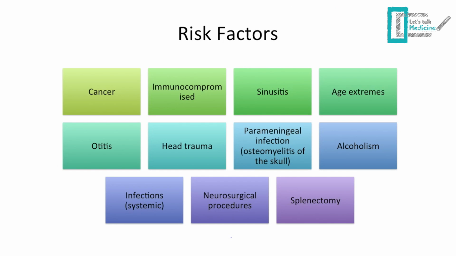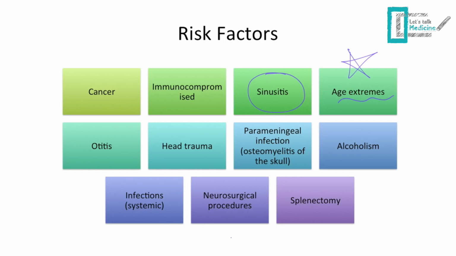Also some cancers, otitis media, and sinusitis. Patients with bacterial sinusitis are more prone to Streptococcus pneumoniae and Neisseria meningitidis meningitis. We also have the age extremes, like neonates and elderly, because they do not usually present with the classical symptoms of meningitis, so you have to keep an eye on them.